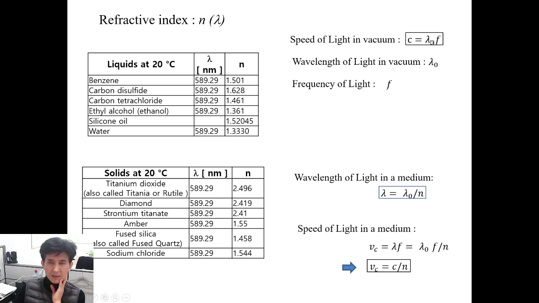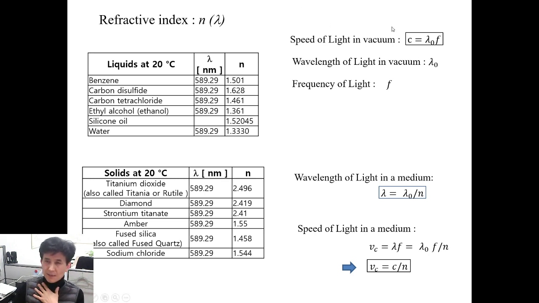That means lambda 0 is the distance of a wave for one cycle, and f states how many oscillations there are per second.